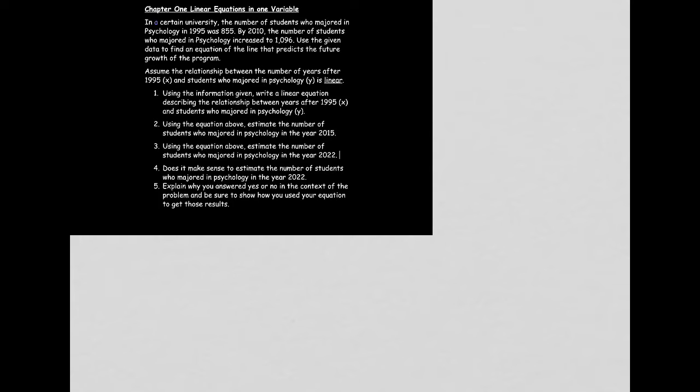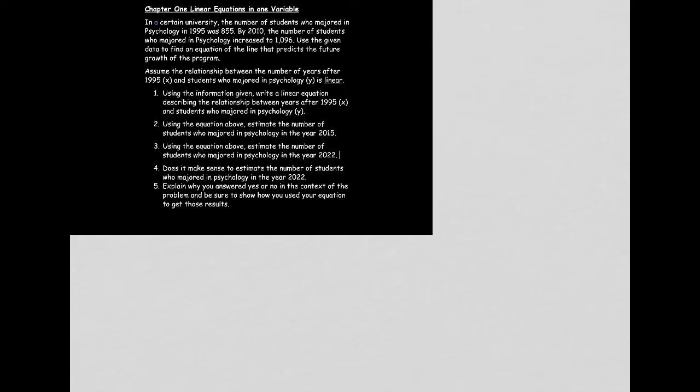So the question says, in a certain university, the number of students who major in psychology in 1995 was 855. By 2010, the number of students who major in psychology increased to 1,096. Use the given data to find an equation of the line that predicts the future growth of the program.